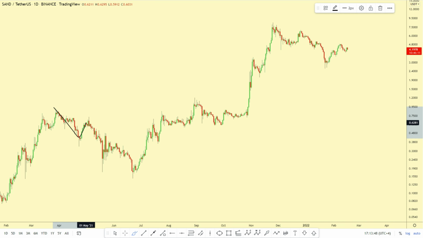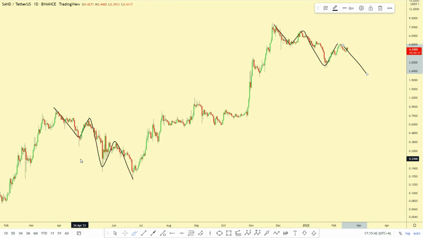This was 1, this was 2, this was 3, this was 4, and this was 5. However, in the current correction, we do have 1, 2, 3, and 4 only. So if this second correction is going to follow and copy the exact same pattern that we had with the first correction, we're supposed to get one more impulse to the downside in order to complete the full structure.